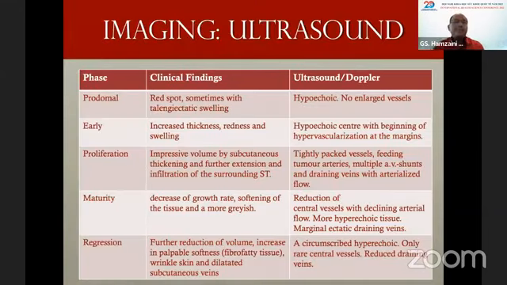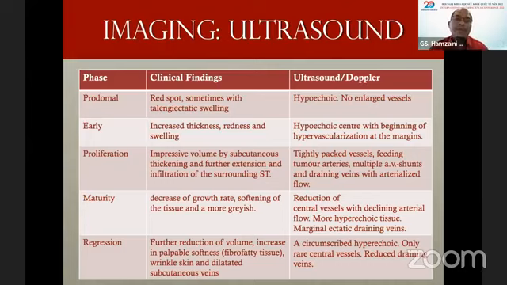Okay, so this is ultrasound imaging of the hemangioma. We can divide the phases into three, but basically the ones that we see clinically are during the last three phases.